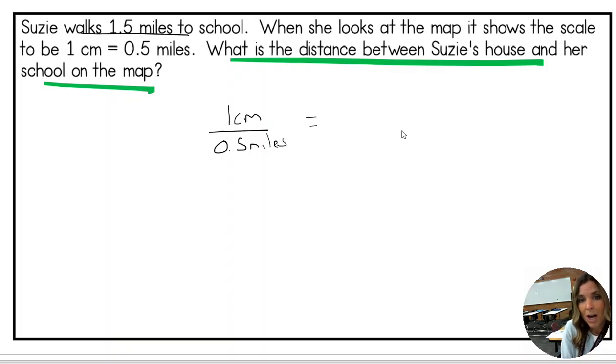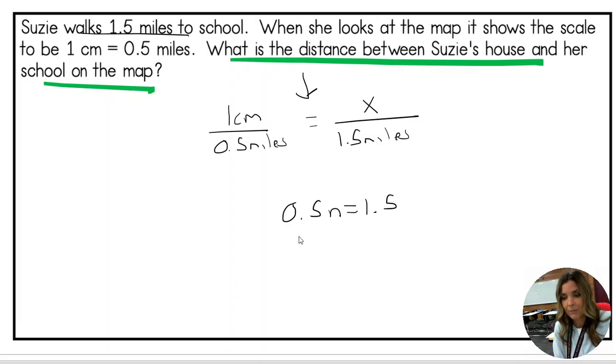So we know she walks 1.5 miles, so we're going to have to put miles on the bottom because remember your ratios have to match. That's the tricky part about this. And then what is the distance between Susie's house and her school on the map? Okay, so to figure this out, we need to find the scale factor. What are we multiplying 0.5 by to get to 1.5?